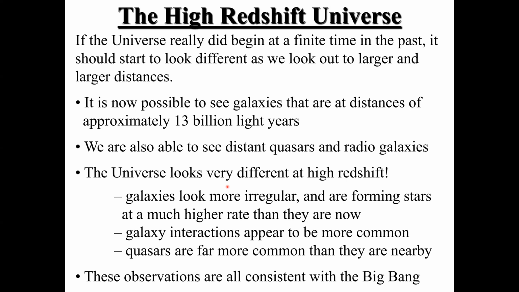In terms of shape, they are very irregular. And they are forming stars at a much higher rate than now. And galaxy interactions appear to be common, as you would expect, and quasars are far more common than they are nearby.